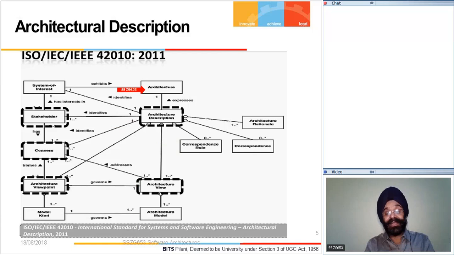So you may start with a stakeholder, talk about his concerns, there are viewpoints presented to him based on kinds of models, and you select particular models. These are reflected by certain views which constitute a part of the description, and this description reflects the architecture that will eventually be developed. So this is how we talk about it. Let's move forward.